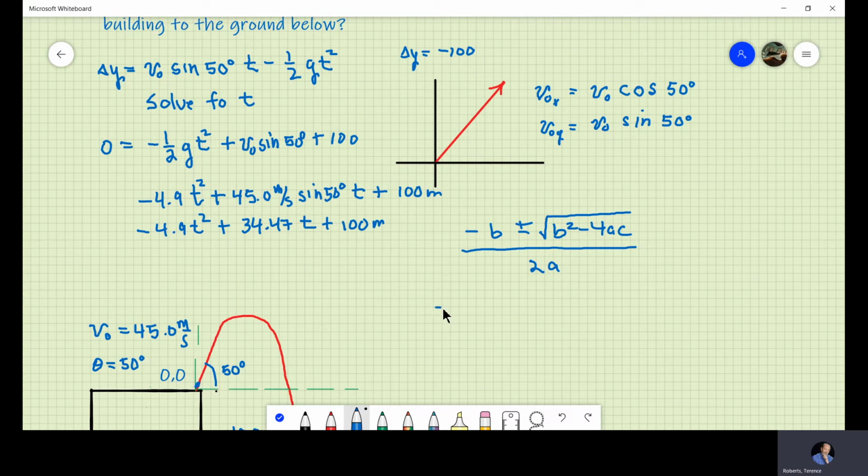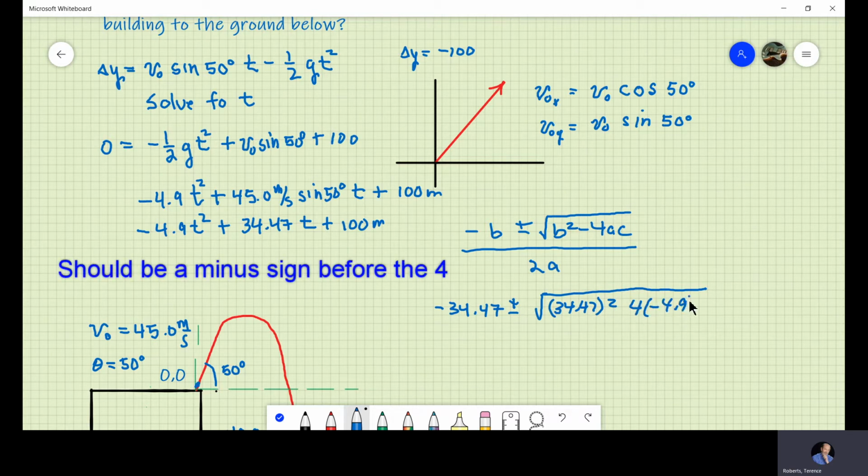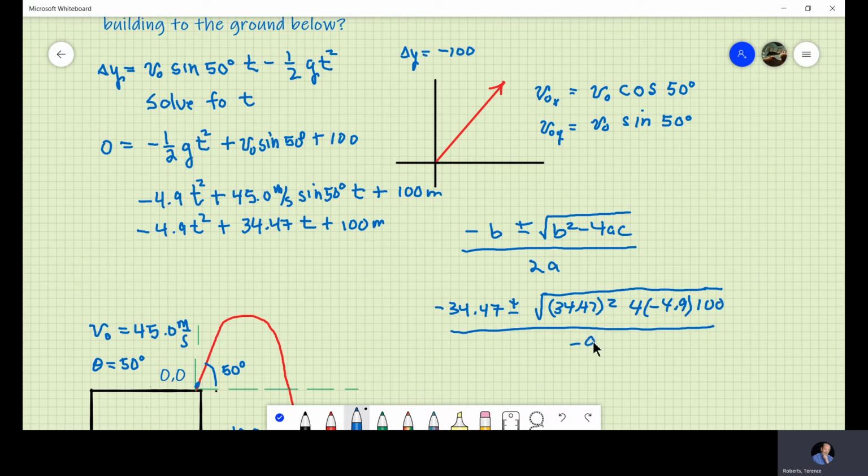So we have minus 34.47 plus or minus the square root of 34.47 squared minus 4 times minus 4.9 times 100, all divided by negative 9.8.